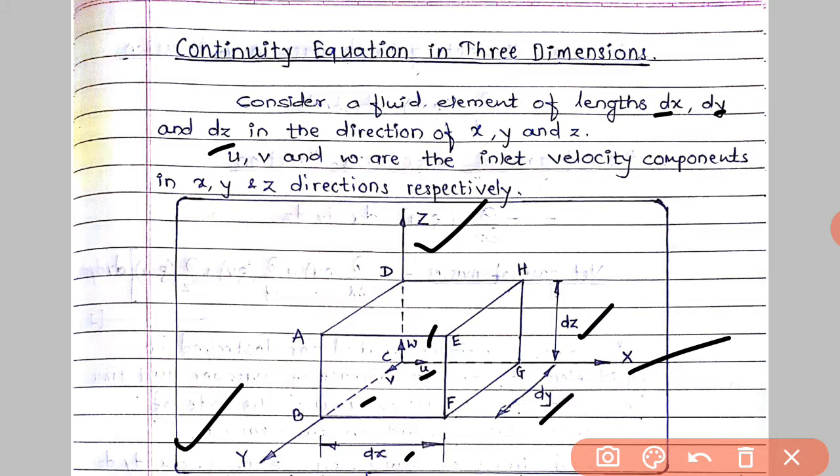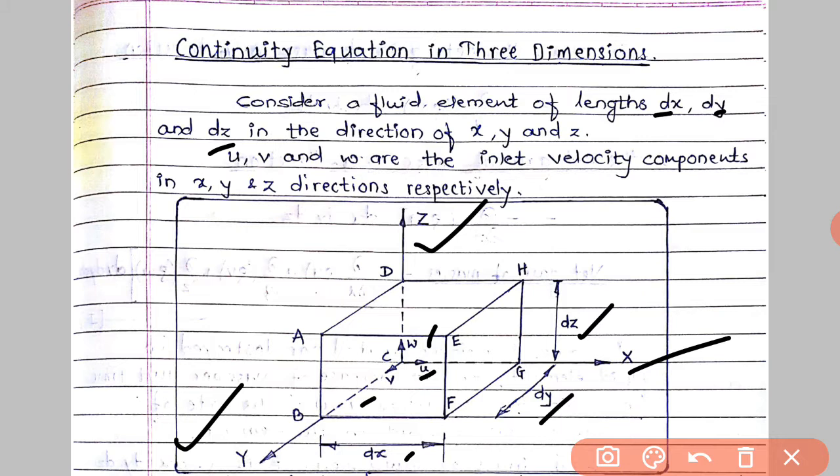So the mass of the fluid element will be rho dx dy dz, and its rate of increase with respect to time will be ∂/∂t of rho dx dy dz. We have to equate the net gain of mass with the rate of increase of mass with time, and by equating the two we can get the continuity equation in Cartesian coordinates.